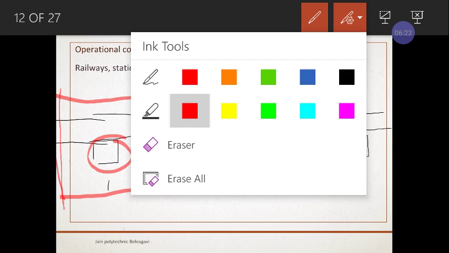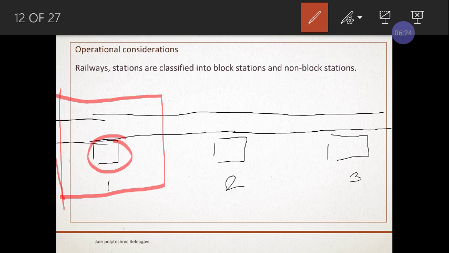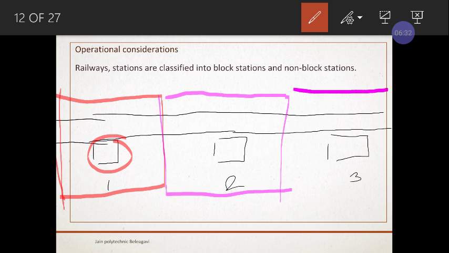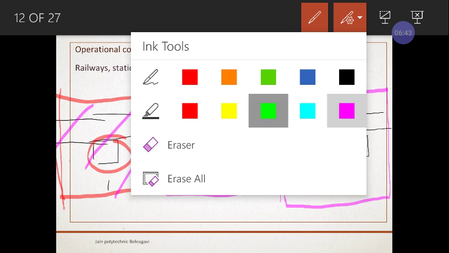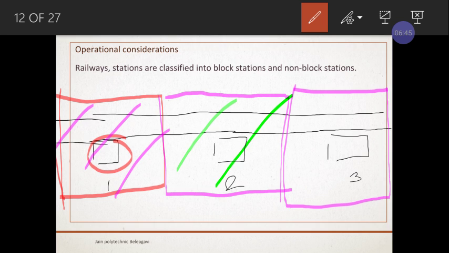And this other part is under the control of station master 2, the master of that station, and the other part is under the control of station 3. So the region which is under that station is called a block.